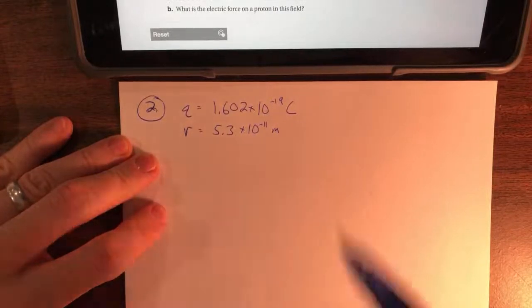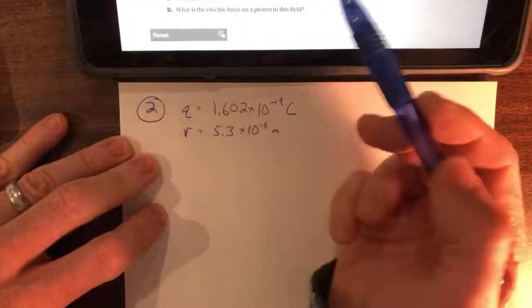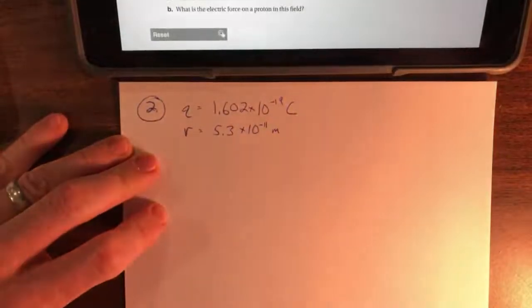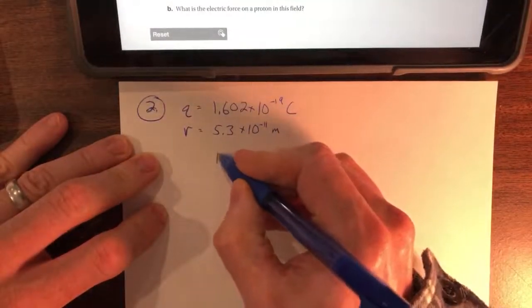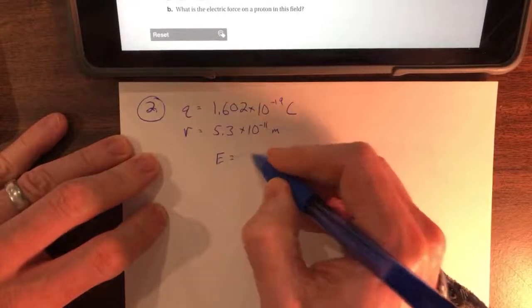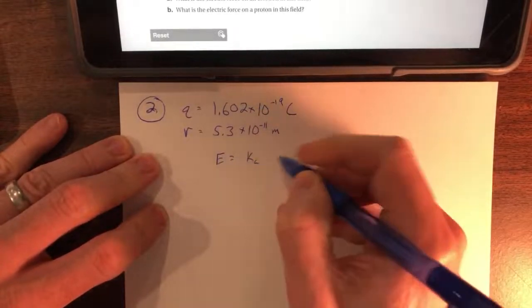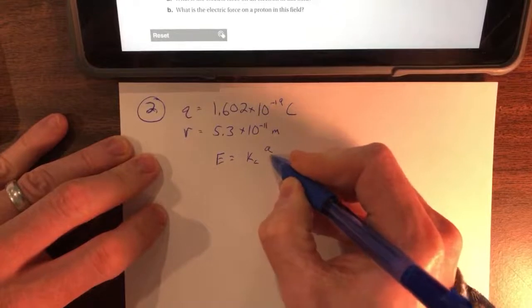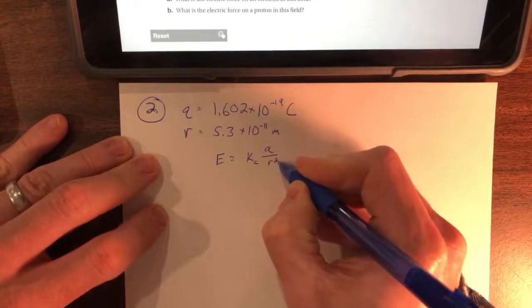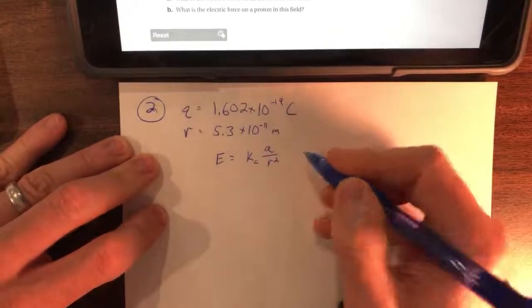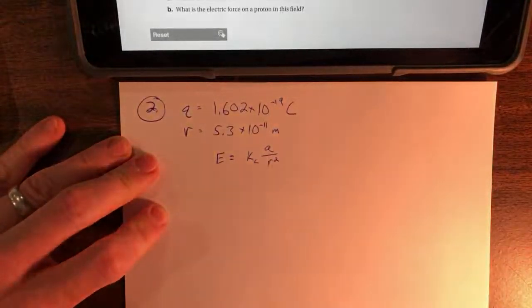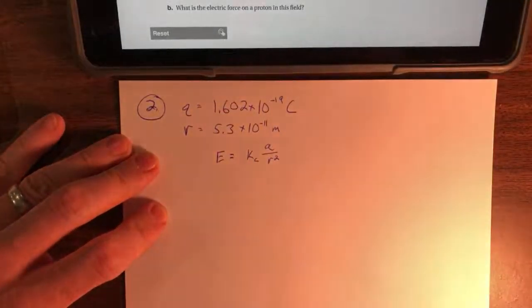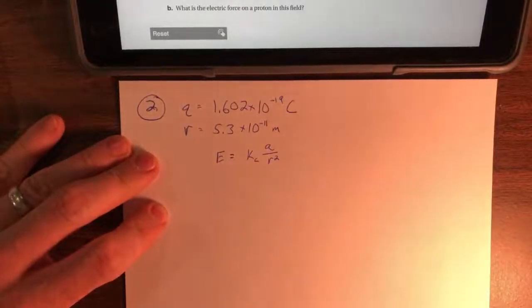All we're talking about is the electric field set up by the proton. That's just a one-step problem, with the electric field given by Coulomb's constant times the charge divided by the distance between them squared, right? We're not going to worry about positives or negatives, but just worry about whether they attract or not.